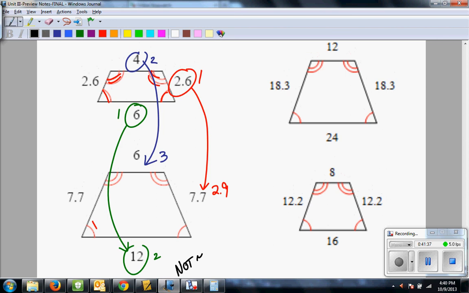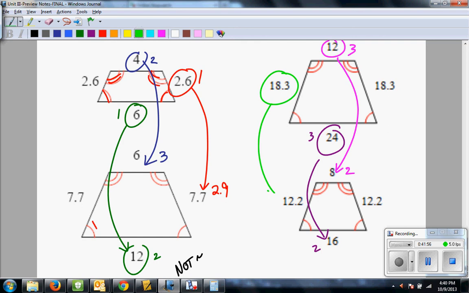Let's check the one on the right. 12 to 8. 4 goes in there 3 times, 4 goes in there twice. It's a 3 to 2 ratio. Let's check this out. 24 to 16, 8 goes in there 3 times, 8 goes in there twice. That's a 3 to 2 ratio. Let's check this last one out. We want to see if that's a 3 to 2 ratio.